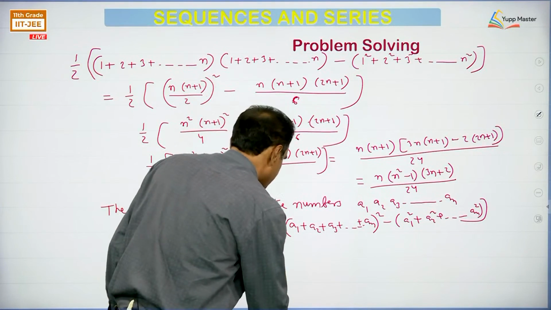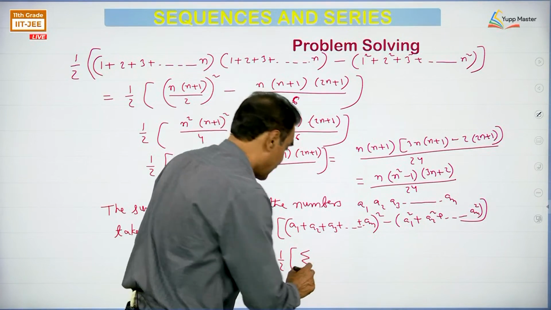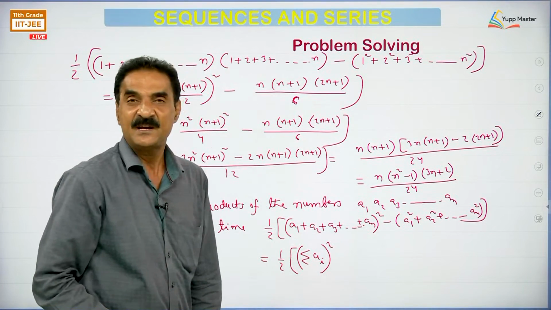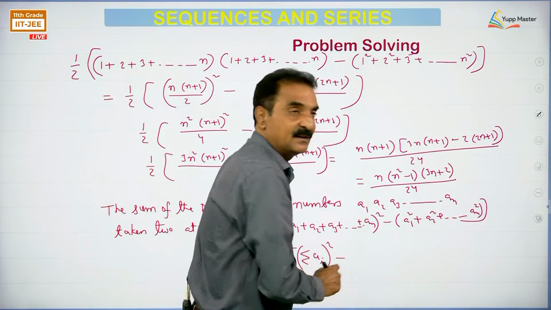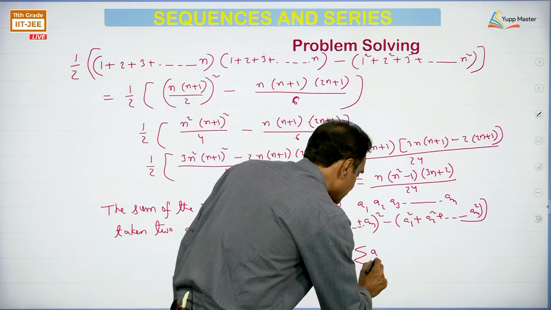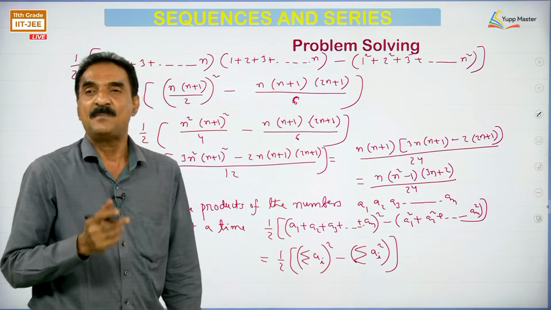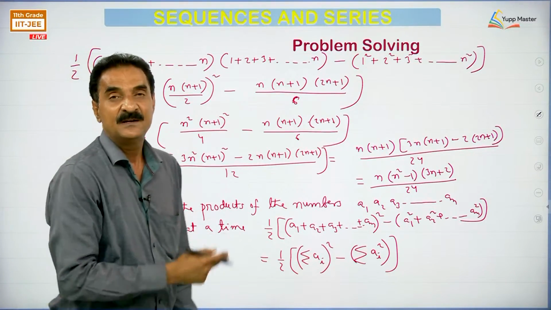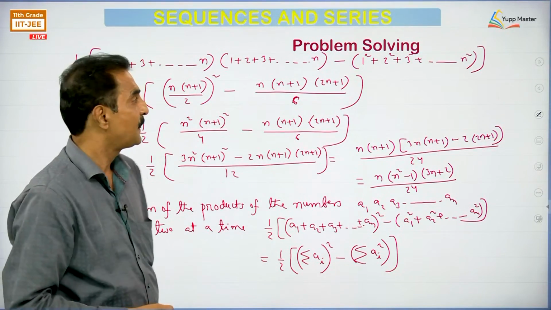It is half into sigma ai whole square, the sum from a1 to an, minus, how do you write this? Sum of the squares of ai, that is sigma ai square. And all of you need to remember this formula. Sum of the products of any set of numbers taken two at a time is given by this formula. All right. Now let us proceed to the next question.